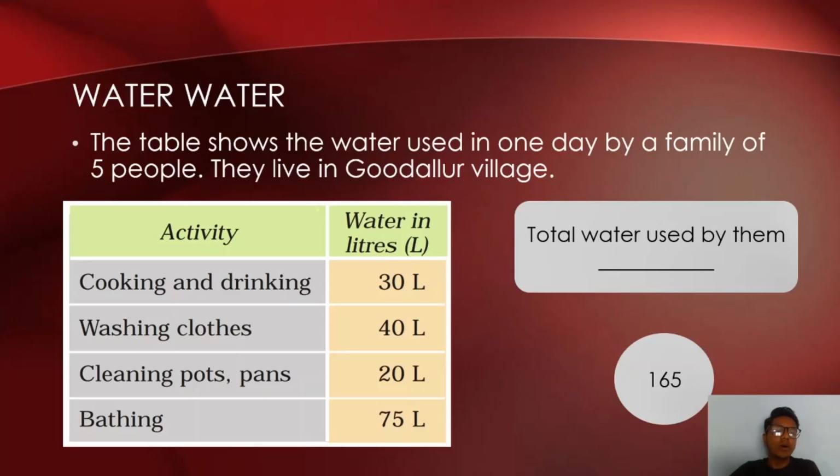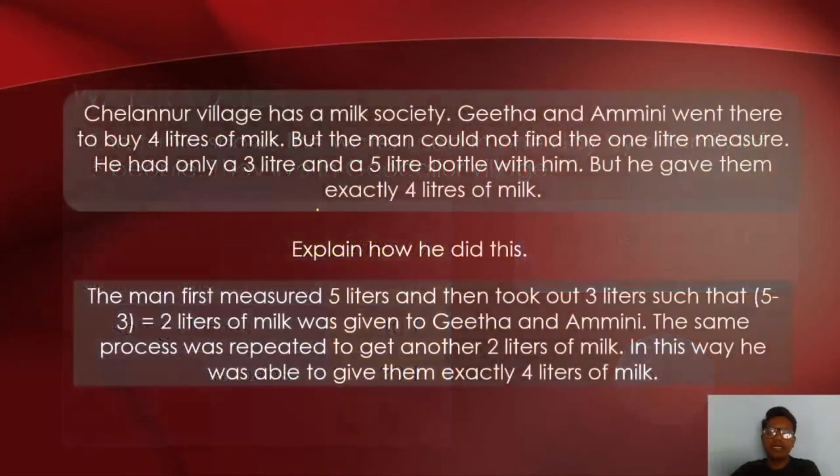So the total water used by them is 165 liters, right? You have to just sum it up. 30 plus 40 plus 20 plus 75 is equal to 165 liters. So the total water used by them is 165 liters.